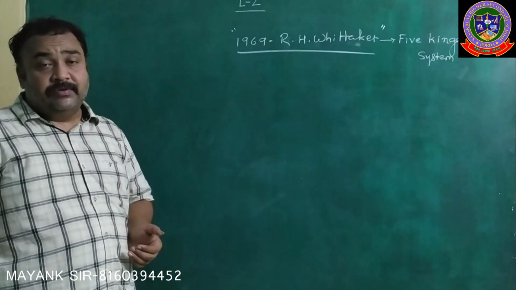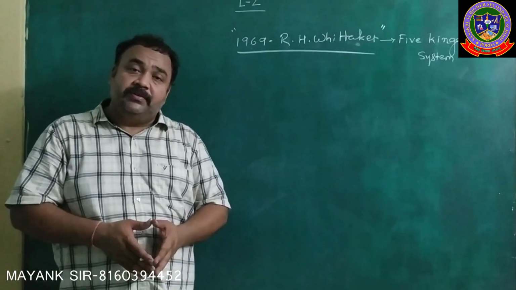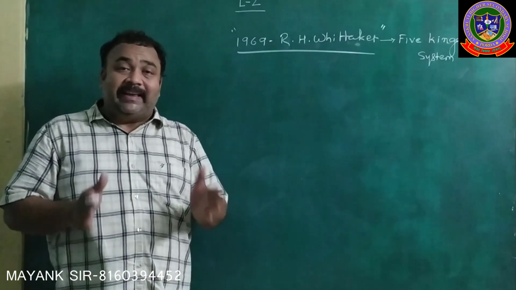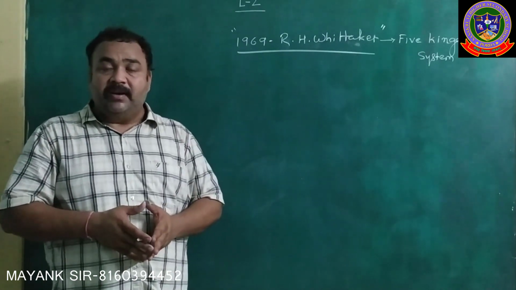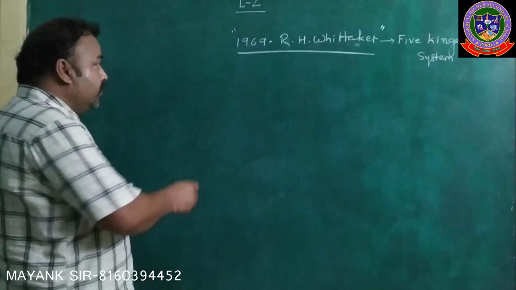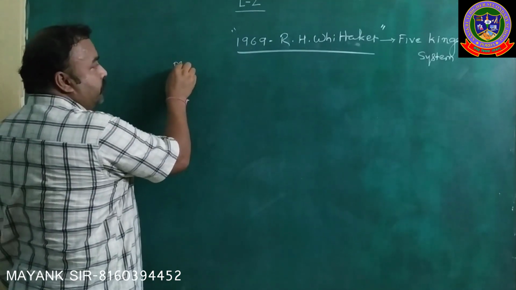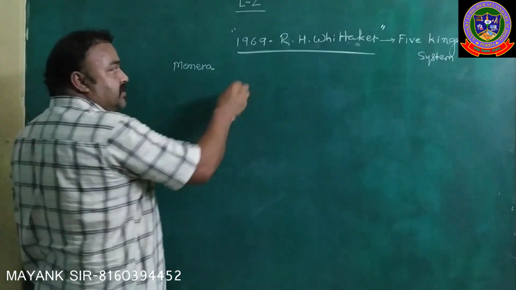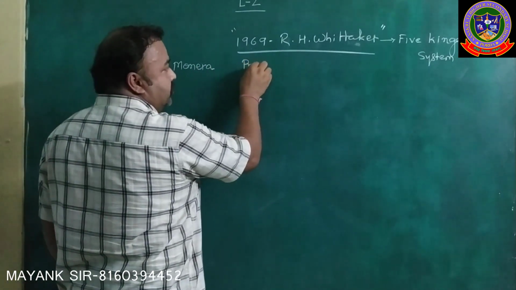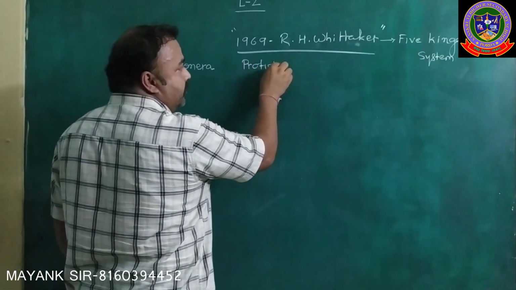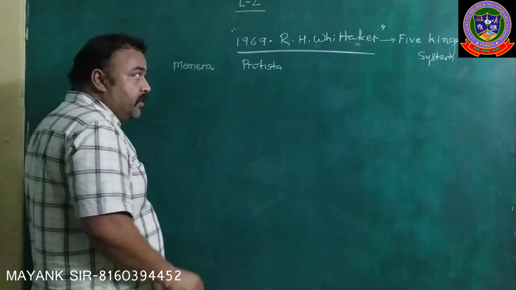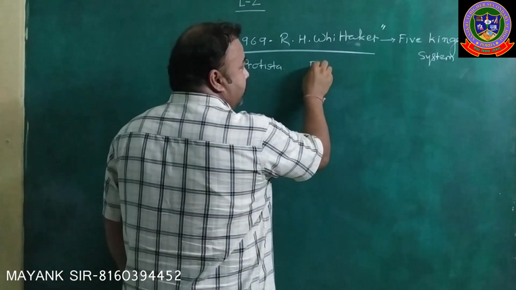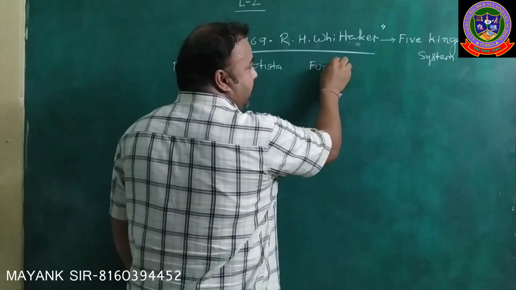He divided all the living organisms into 5 groups. Those are called kingdoms of organisms. The first kingdom was Monera. The second one is called Protista or Protists. The third kingdom was called Fungi.